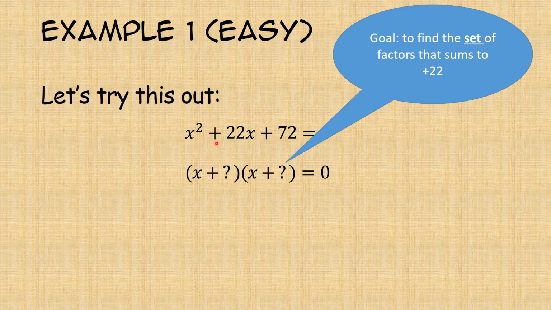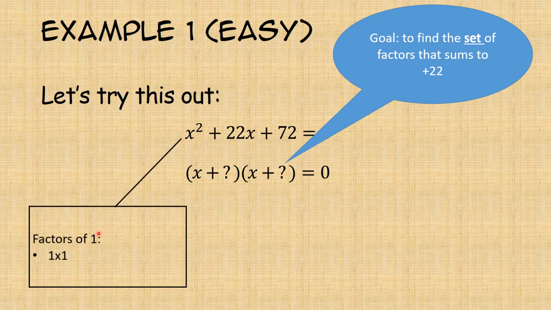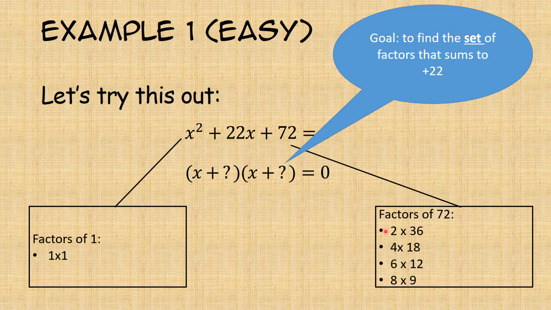So we'll look at the factors of the x squared term first. Here the coefficient is 1, so its factors can only be 1 times 1. Then we look at the constant, which is positive 72, and its factors are as follows: 2 times 36, 4 times 18, 6 times 12, and 8 times 9.